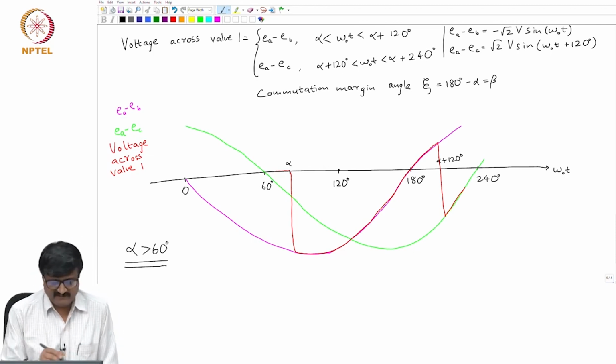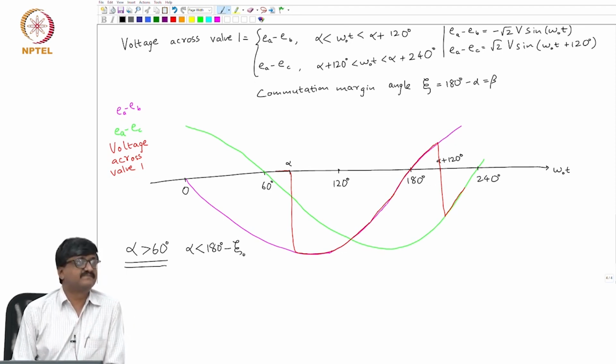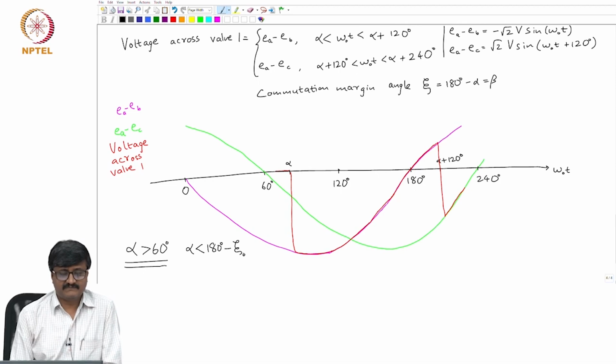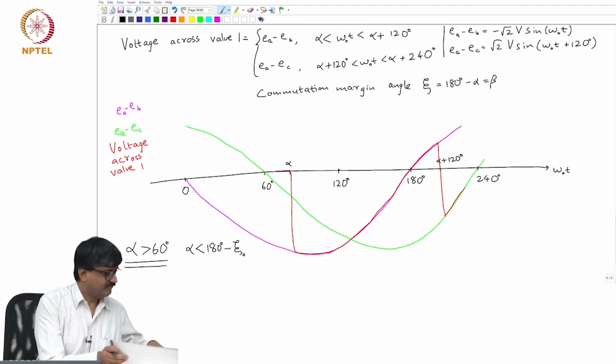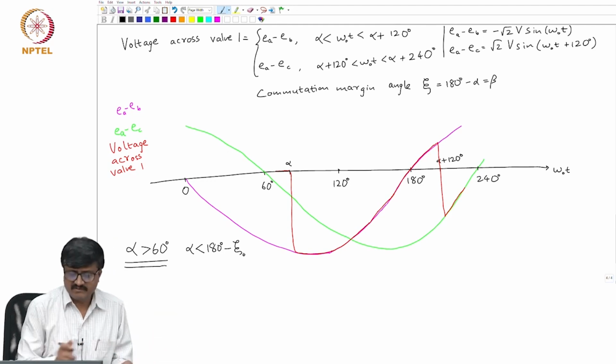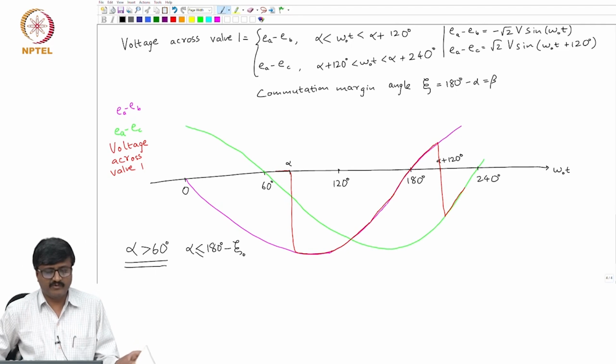So, alpha is greater than 60 and alpha is less than 180 minus psi naught. Okay, you can of course take the value of 180 minus psi naught also, less than or equal to 180 minus psi naught.